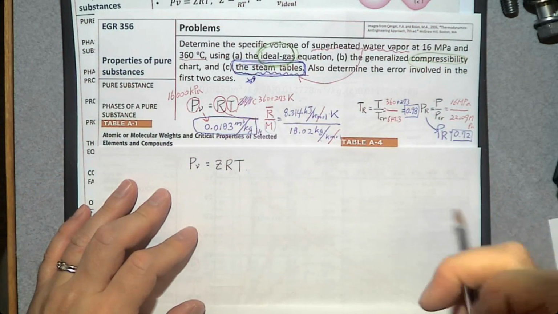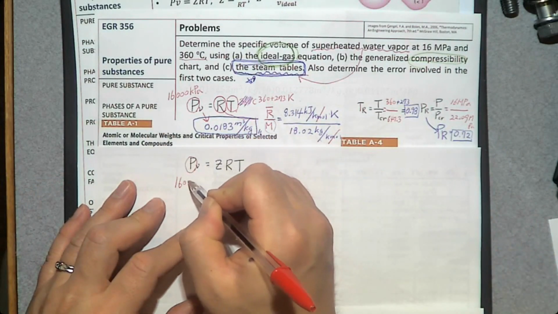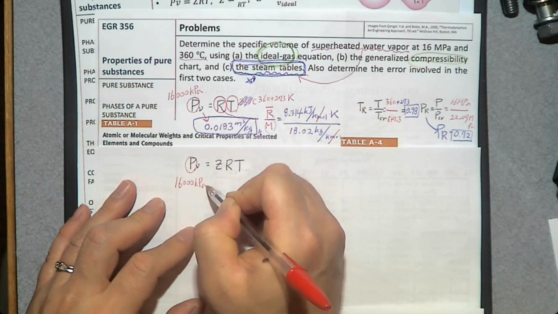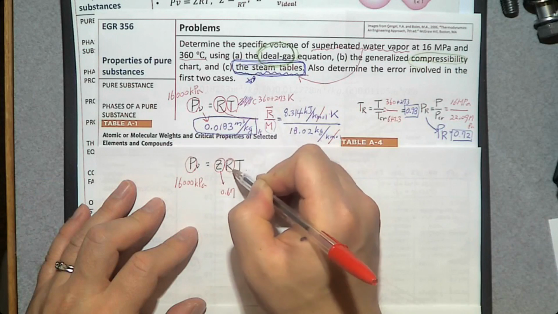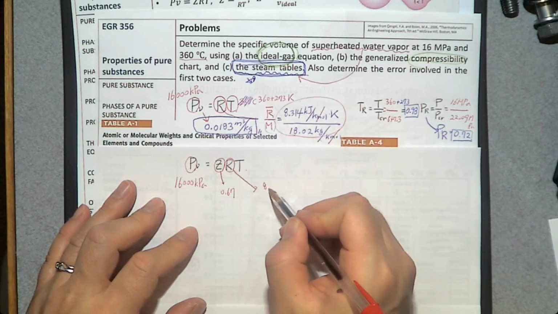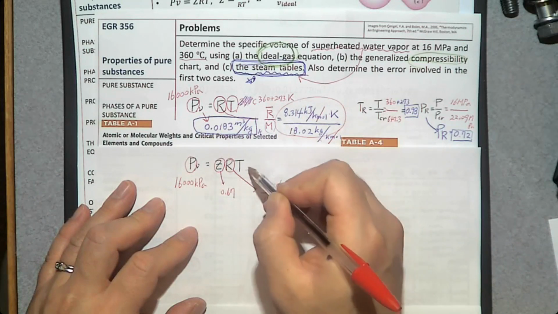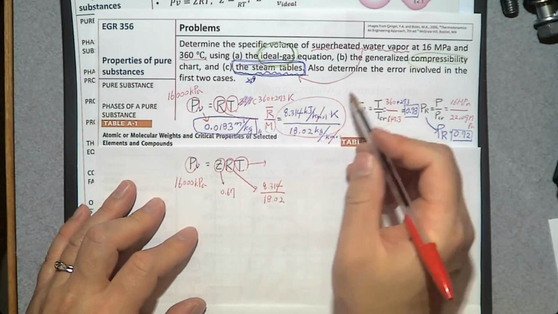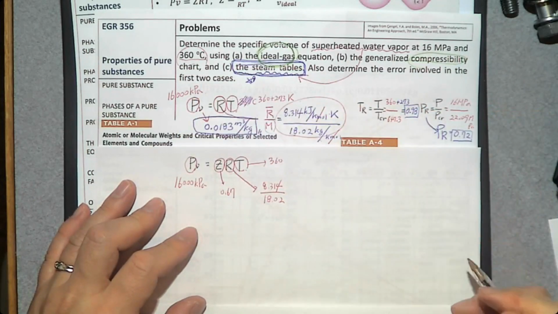So here pressure is 16 megapascal, so 16,000 kilopascal. Z value is 0.67. Gas constant R can be determined by this equation, 8.314 divided by 18.02. And the temperature of the system is 360.